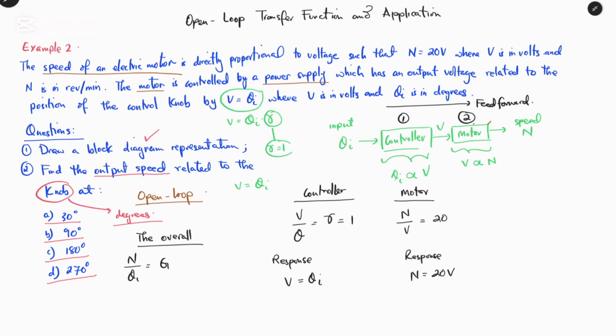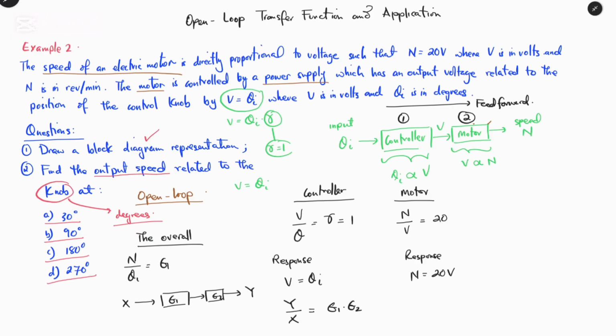From our previous discussion, if we have X to a system which is having G1 and G2, which produce the response Y, we know that Y over X is equal to G1 dot G2.